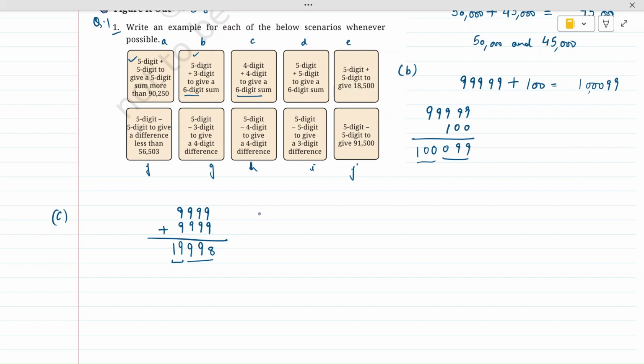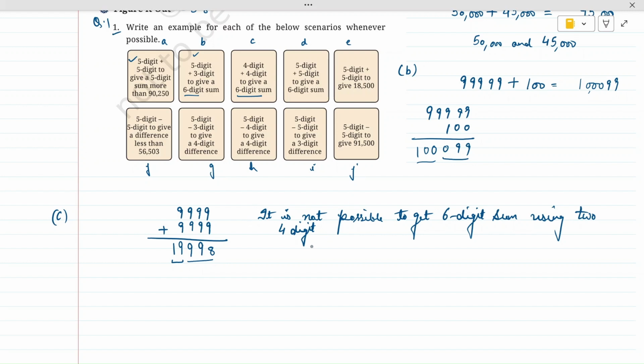So what we will write here is, it is not possible to get a 6-digit sum using two 4-digit numbers, because we have taken the highest one also, and that is not working.